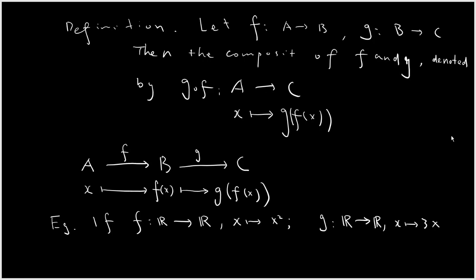The composite of F and G. Actually, this x, now look at the mouse cursor, is a dummy notation. So try to understand me. It means what is the output for every input. This x can be replaced with any other notation.